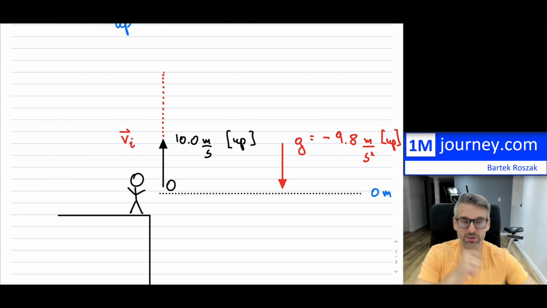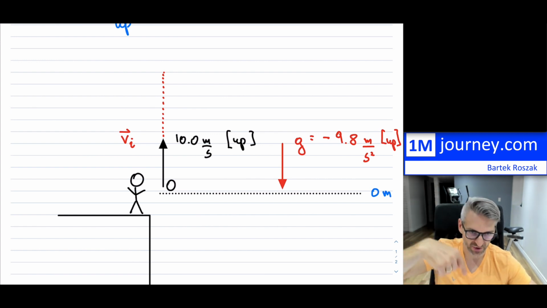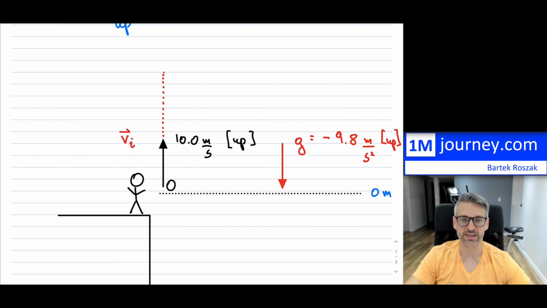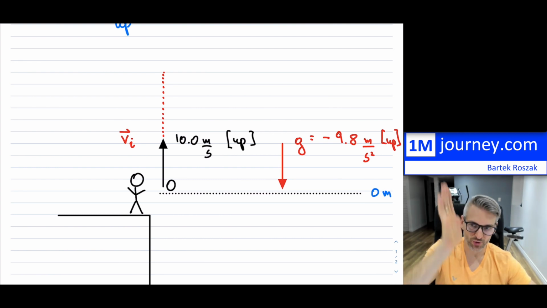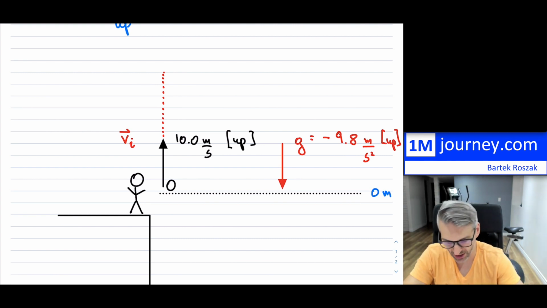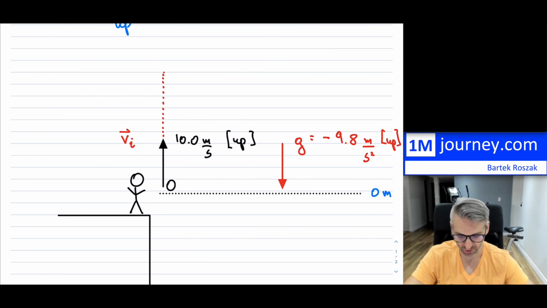If you put 9.8 meters per second squared down, then it won't be negative, because the inverse would be the negative. But if I've chosen up as my positive, I'll stick to the up direction so that I'm consistent all the way throughout.